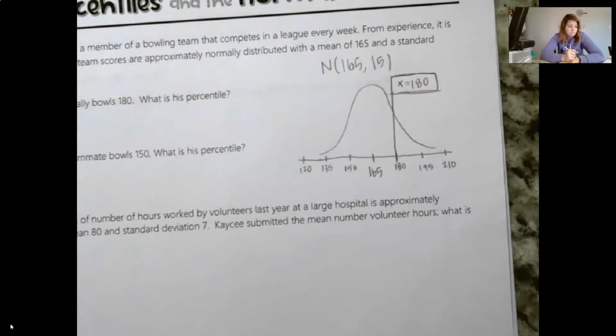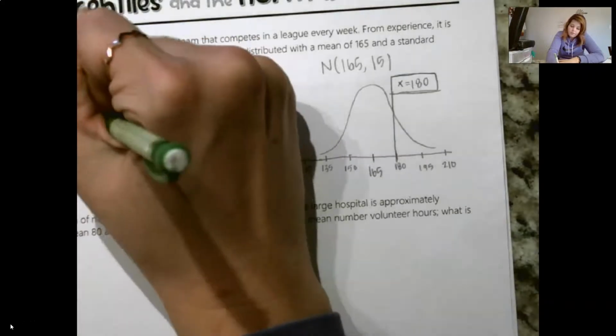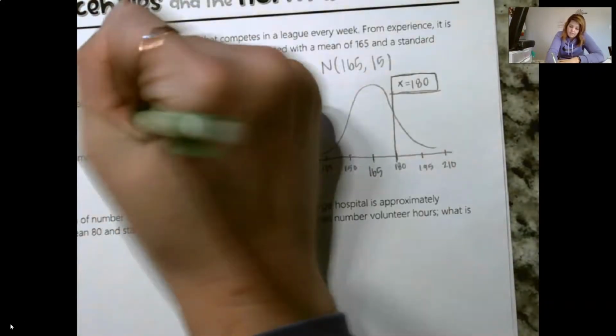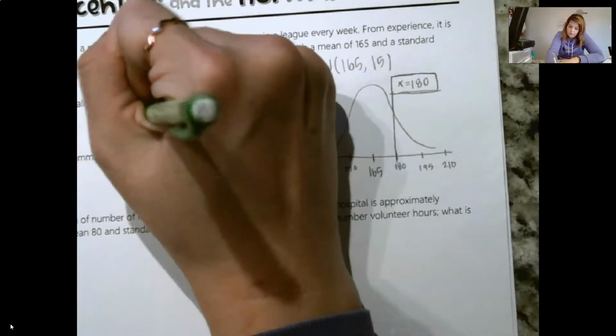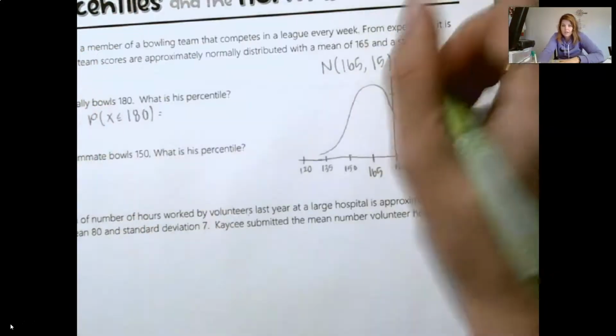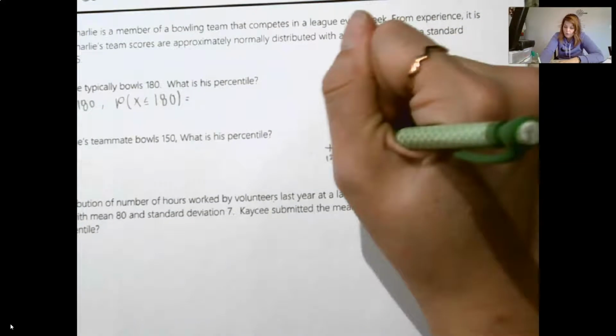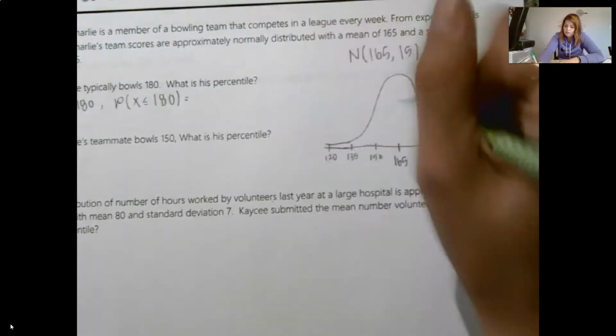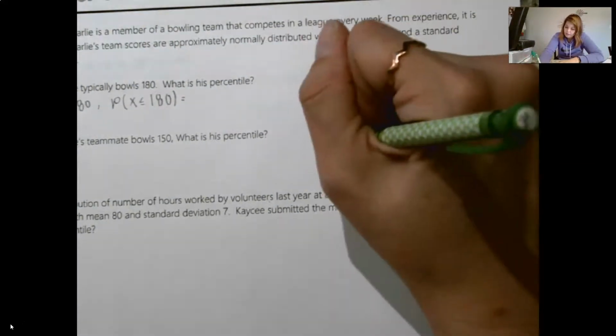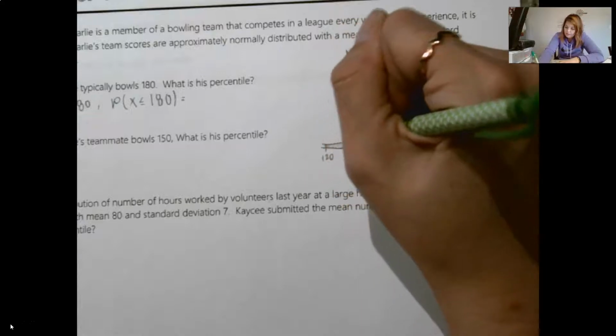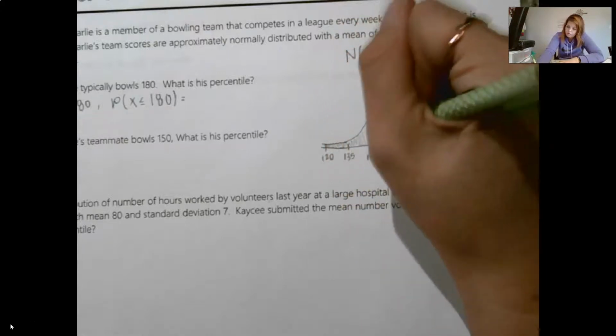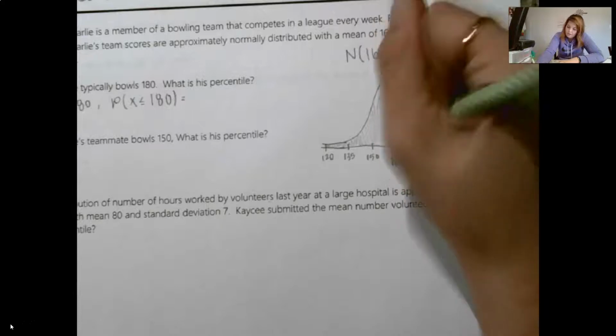This is Charlie. Okay, well, if we want to find the percent of data that is less than or equal to a score of 180, we can use the normal curve to calculate, well, what percent is below 180?